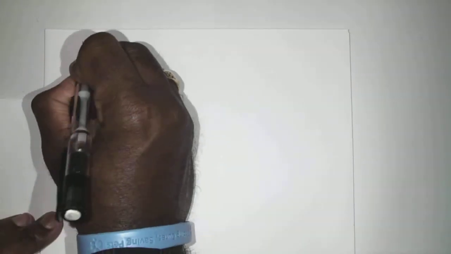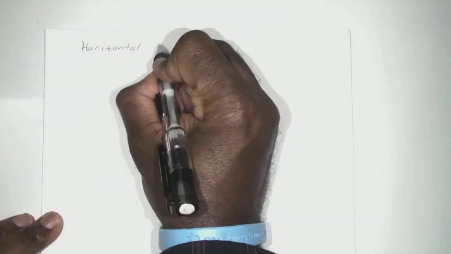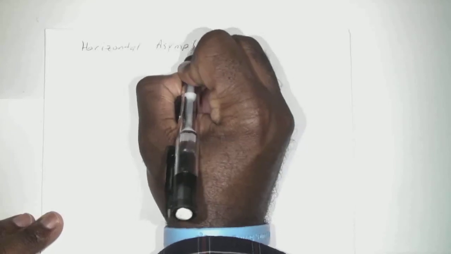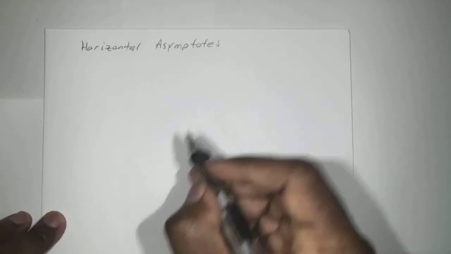Okay, so now we're going to look at our horizontal asymptotes. That's literally just a bound as to how high or how low your graph can go.